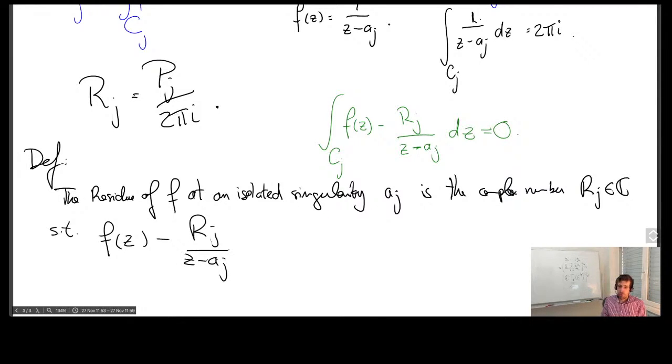So in other words, it has a derivative in the punctured annulus.